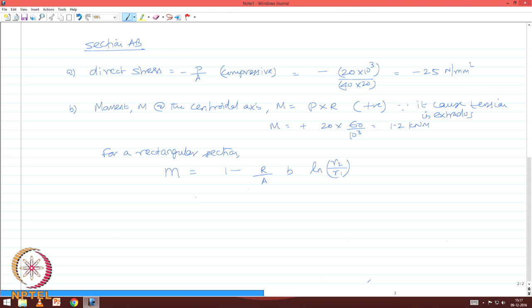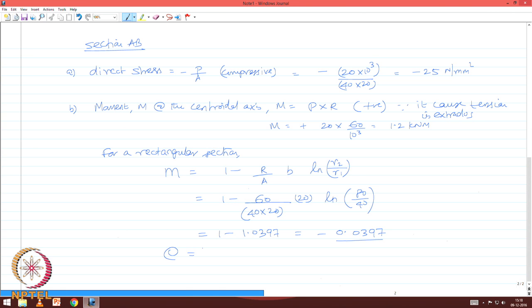Let us substitute for these values. 1 minus 60 by 20 into natural logarithm of 80 by 40, which is 1 minus 1.097 minus 0.0397, which is a sectional property required to calculate the eccentricity.